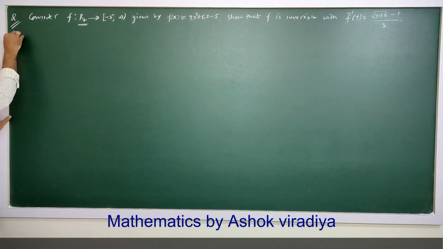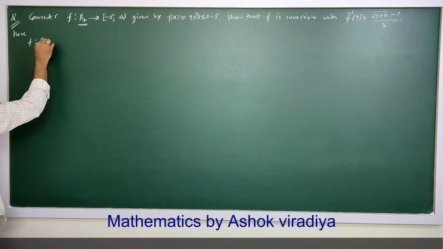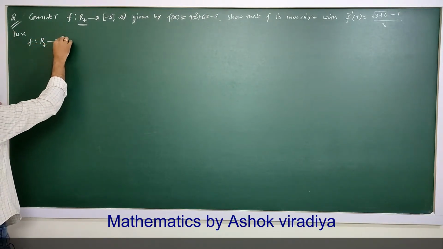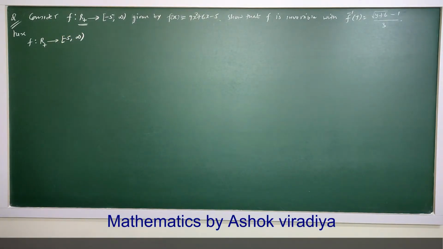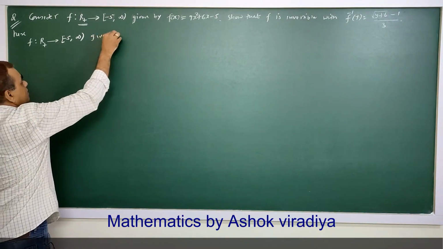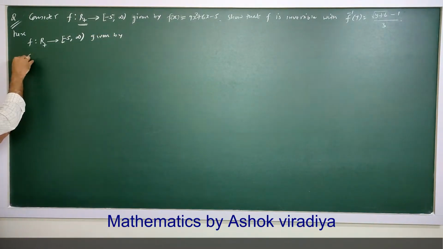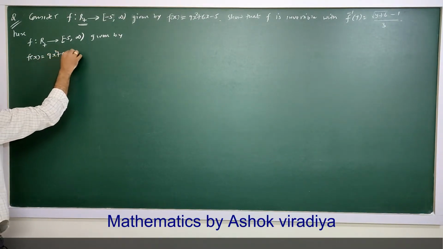See here, function f is from R plus to the closed interval minus 5 to infinity, given by f(x) equal to 9x square plus 6x minus 5.